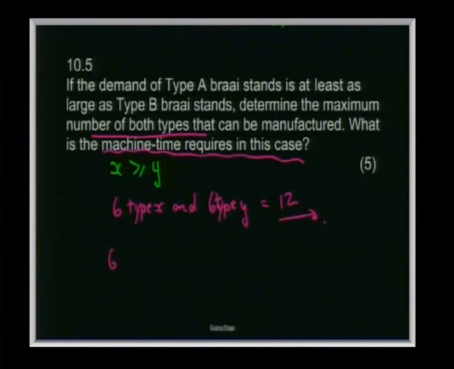Well, we have the point 6, 6. That's the point we've chosen to have the maximum. Let's go back and find the machine time for the machine time inequality that we wrote. Back to the original question.